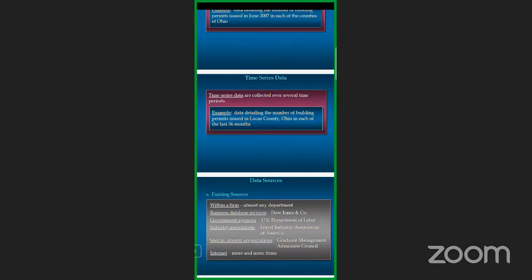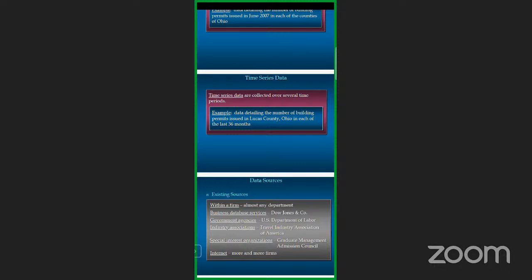Similarly, industry associations like the Travel Industry Association of America or TSRTC data, like that, you are collecting information from particular departments for a particular purpose.